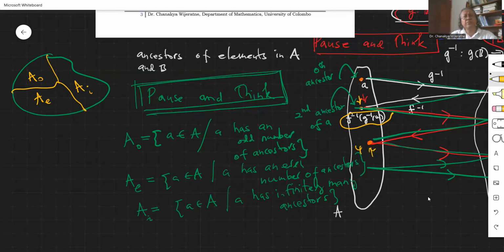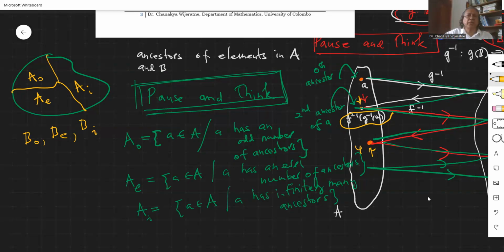Maybe for some functions, AO and AE are both empty, so it is simply the whole set. And we can similarly define BO, BE, and BI. Again, they form a partition of B, so exhaustive and exclusive.